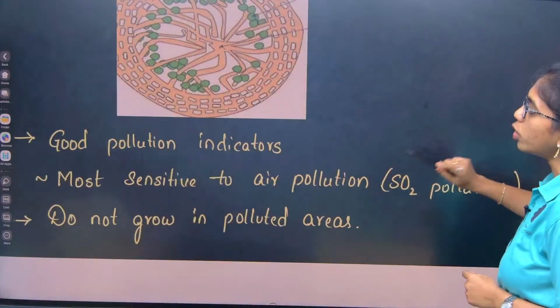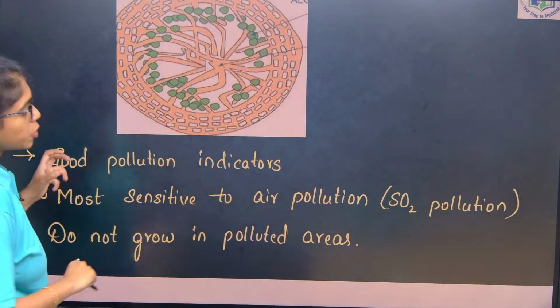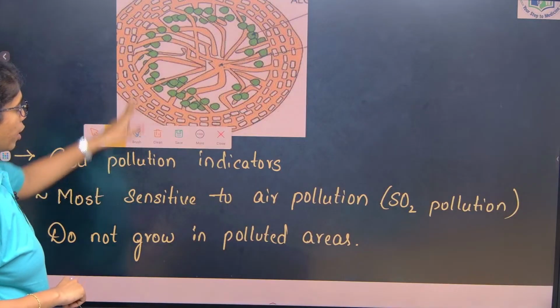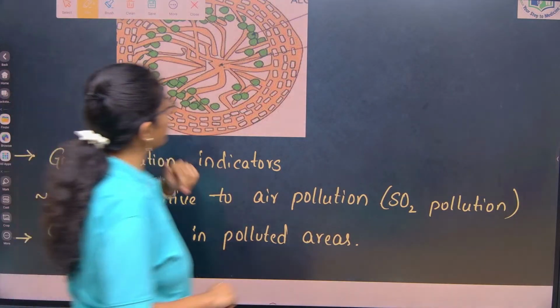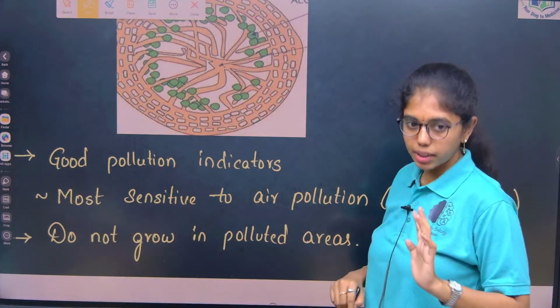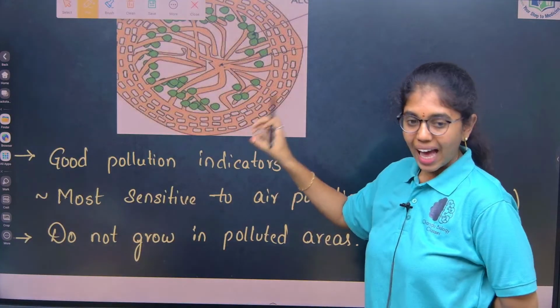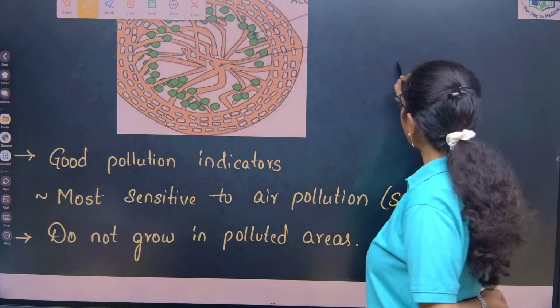Here you see they are good pollution indicators, especially for sulfur dioxide pollution. How do you see the internal mechanism? This will not come in your NEET examination, but for your knowledge I am telling you. Lichens have algal component, algae will have chlorophyll. Chlorophyll, you know, has what?